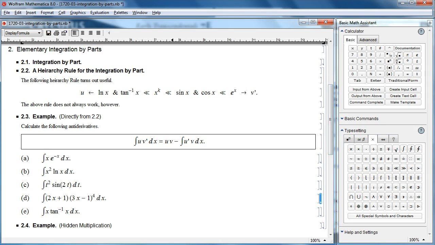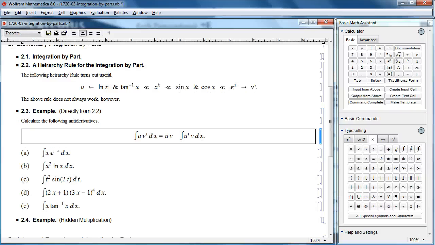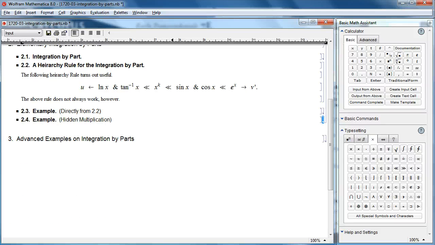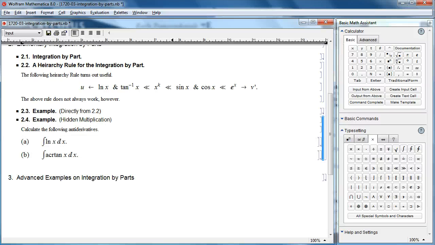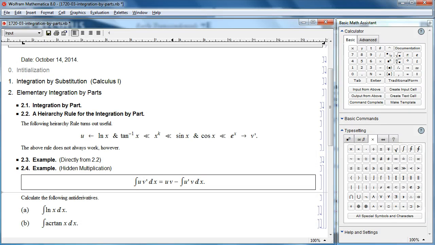Alright, we have sufficient time left for the next example. Let's go over to example problems where there are some hidden multiplications. Like these, antiderivative of log function, antiderivative of arctangent function. Those do not look like integration by parts problems because we do not have a product here.